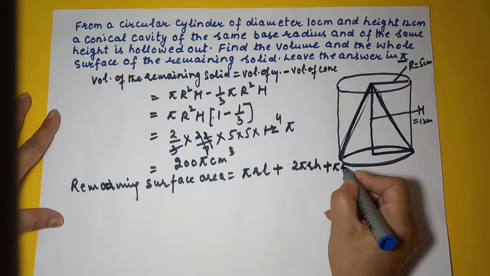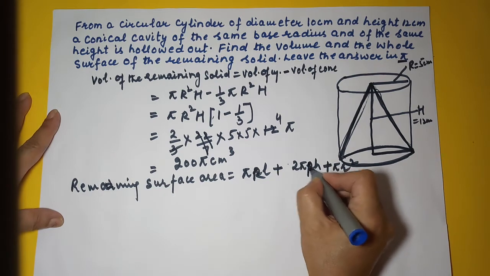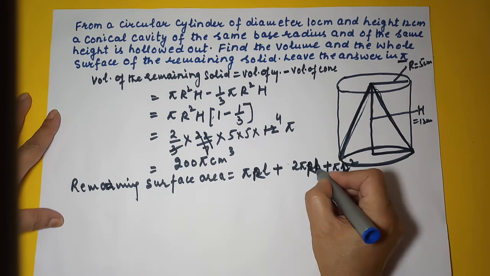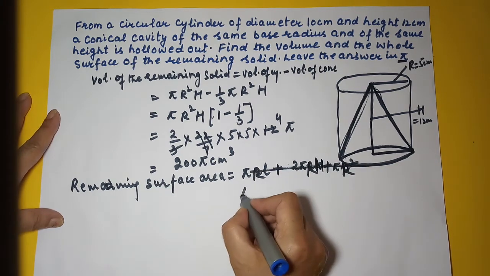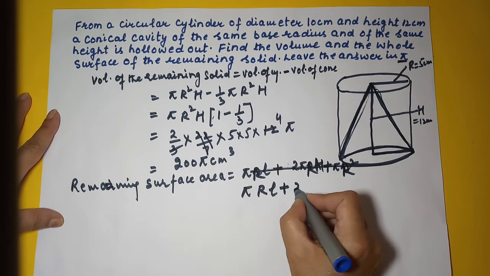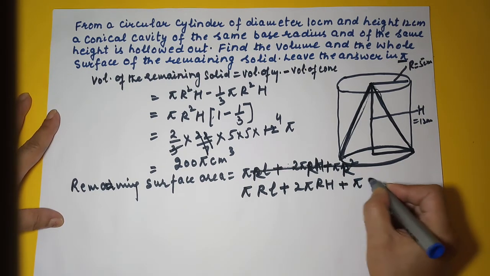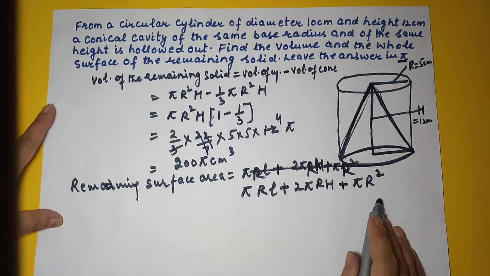Plus pi r square, right? So let's replace this by capital R and this by capital H. Let's write it again. So you have pi r L plus 2 pi r H plus pi r square. Pi we don't have to replace, we have to keep it as it is.